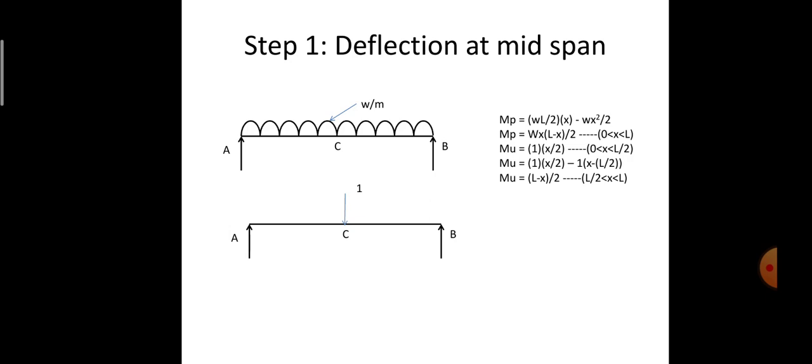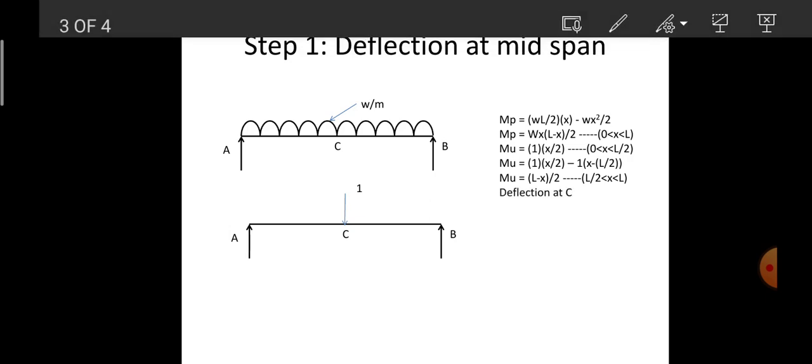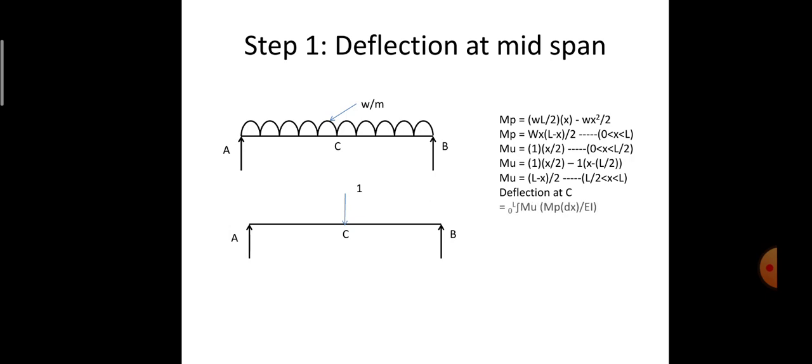If I proceed further, the deflection at C will be taken as the integration of the values between the limits 0 to L of mu MP, the product of mu and MP into dx divided by EI.